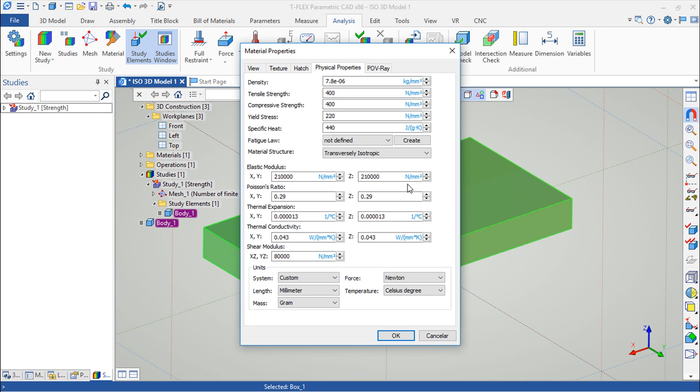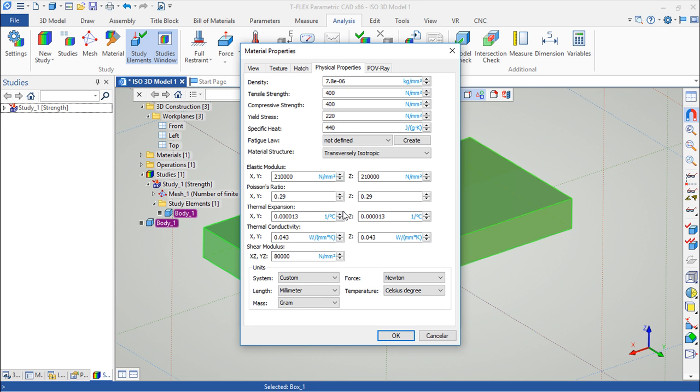And one example of this kind of material is, for example, a multi-layer pipe in which across the layers, so along the radius, the properties of these materials are different from those along the tangent and the generating line.